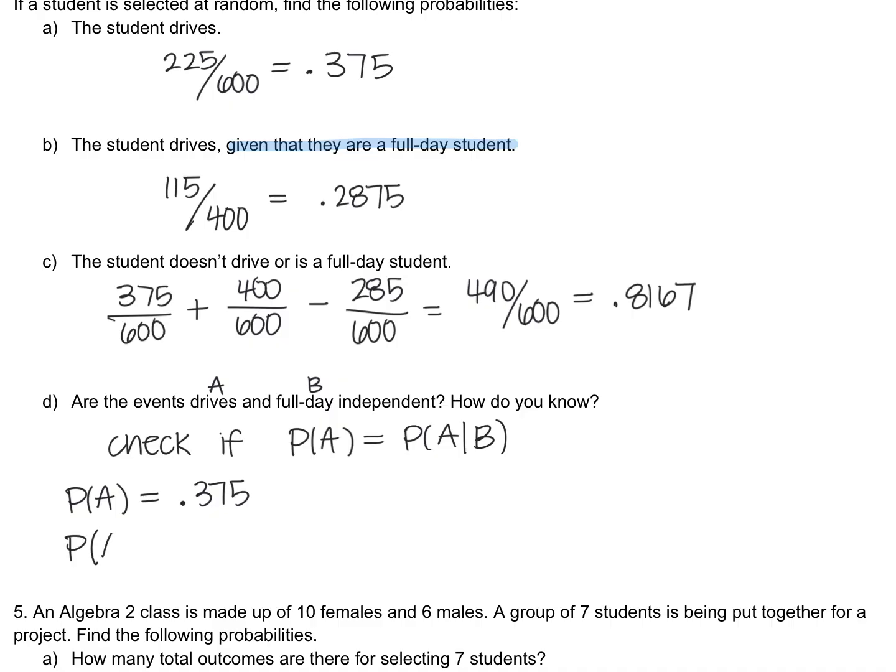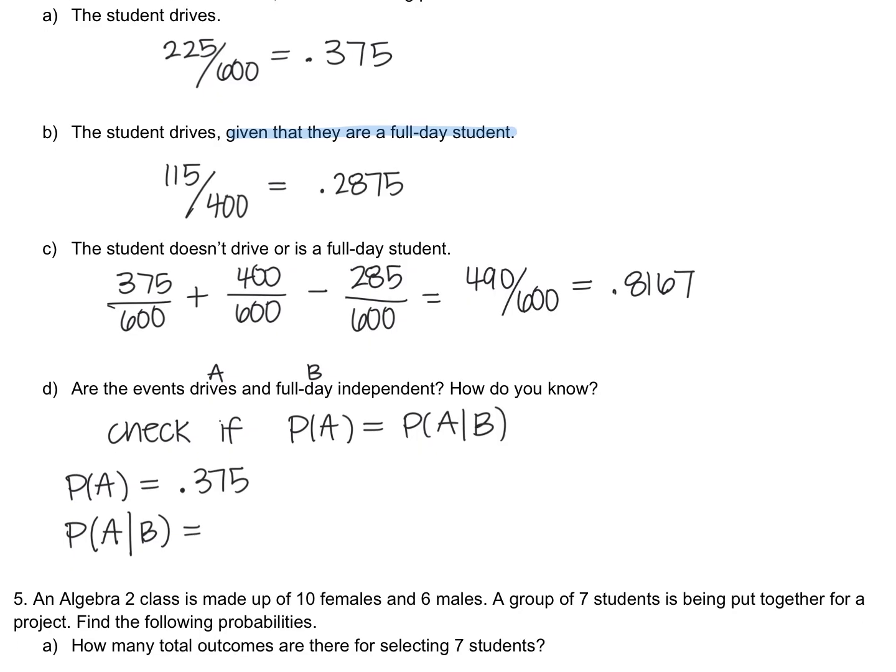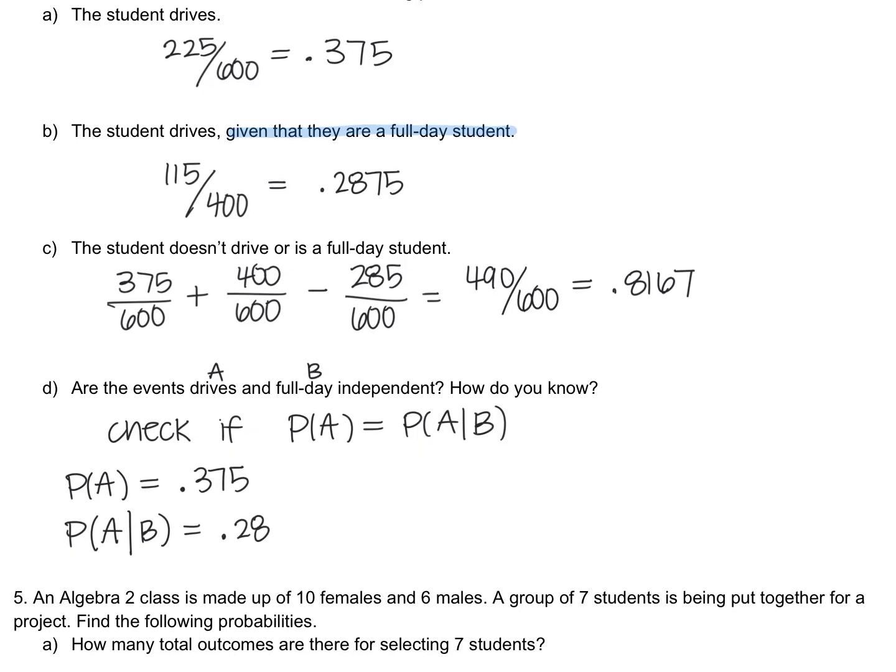The probability of A given B, so the probability a student drives given they're a full day student, we calculated already, and it is 0.2875. And because those probabilities are not equal, the events are dependent.